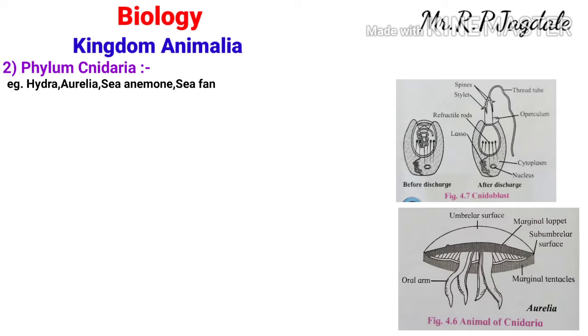The animals included under the Cnidaria phylum are generally aquatic animals, mostly marine but few are freshwater, just like the Porifera. They are aquatic, mostly marine, but few are freshwater animals.